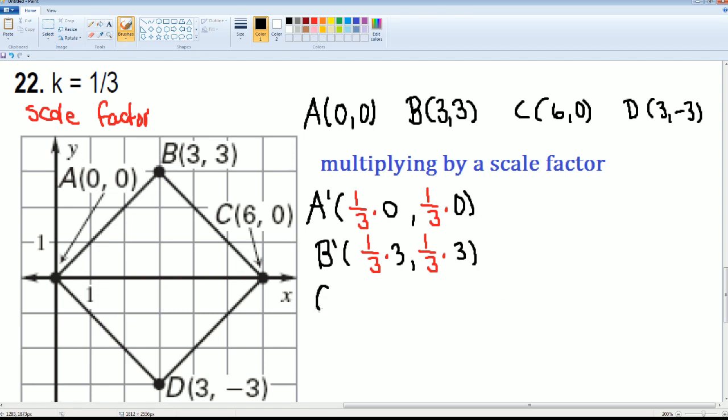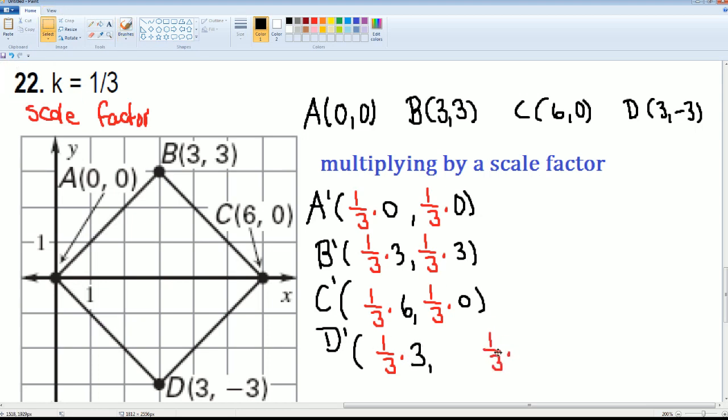Okay, C prime. The 1/3 is going to be multiplied to the 6. The 1/3 is also going to be multiplied into the 0. D. The 1/3 is going to be multiplied into the 3, and the 1/3 is going to be multiplied into the -3. Okay. So let's just do it.